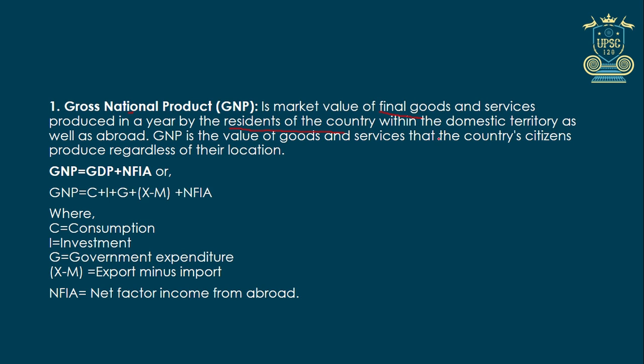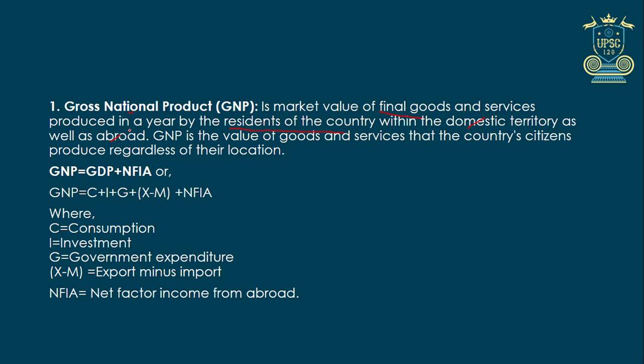In GDP we saw that it is only within the domestic territory, irrespective of the nationality of the person who is producing it. But in GNP what is to be stressed is that it is by the residents of the country. They can be either living in India or living abroad.